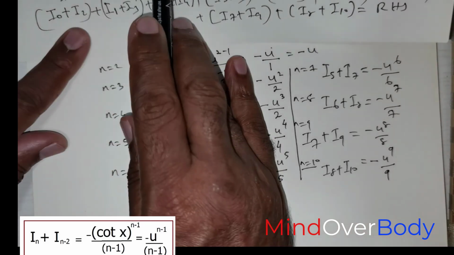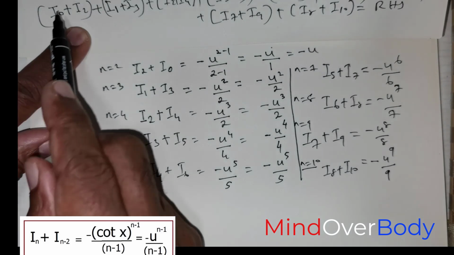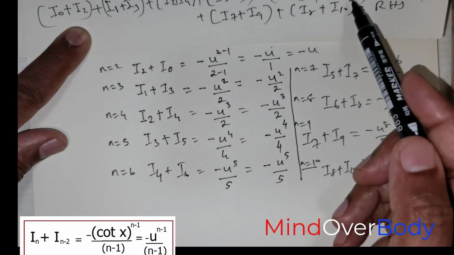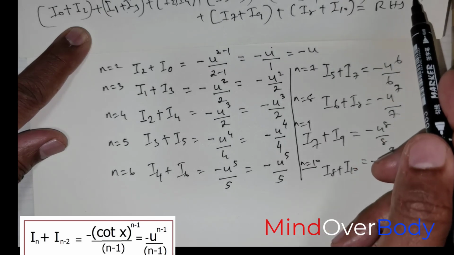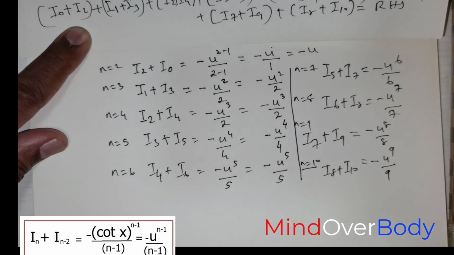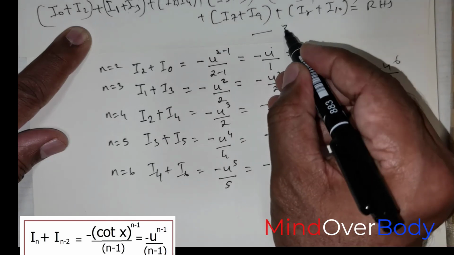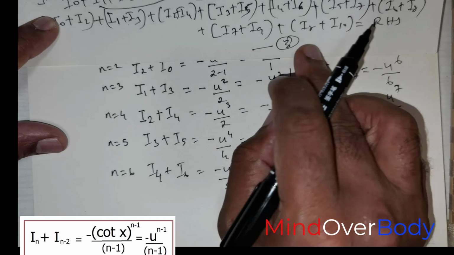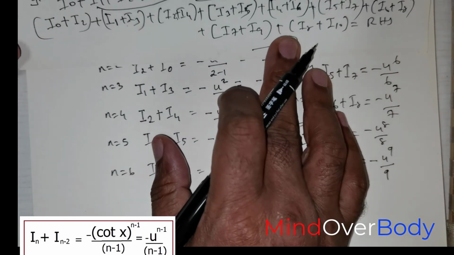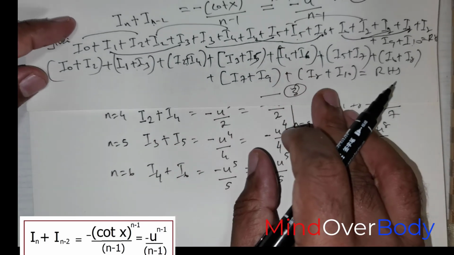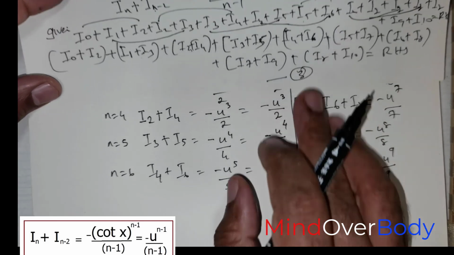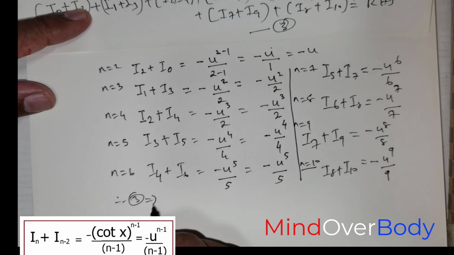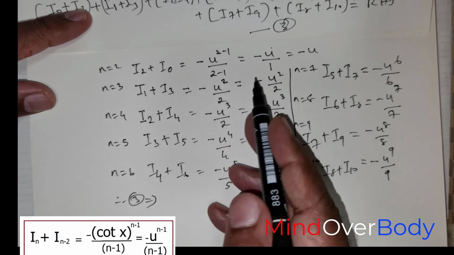So we got a value for each of these. So let's substitute that. So if I were to take this as 3, right? Therefore 3 is rewritten as, substitute these values.